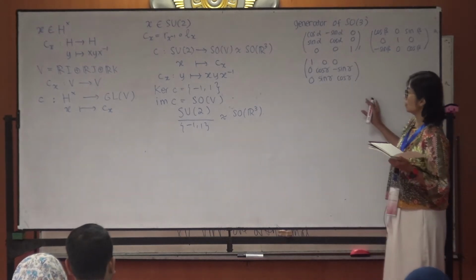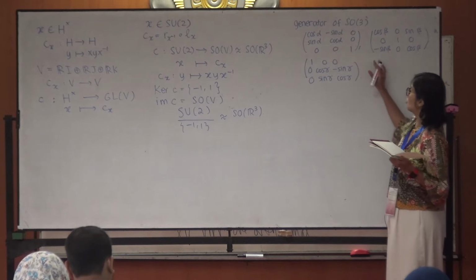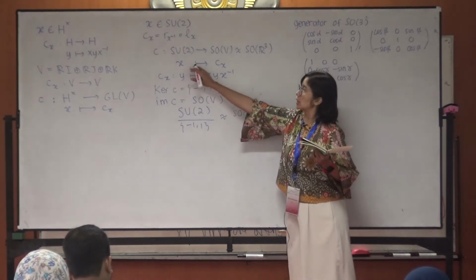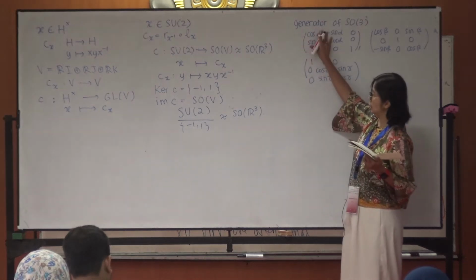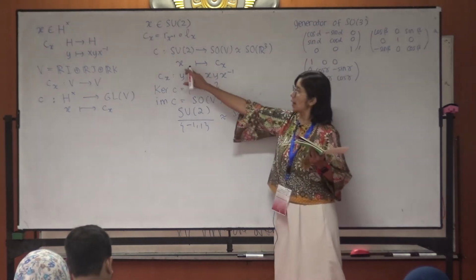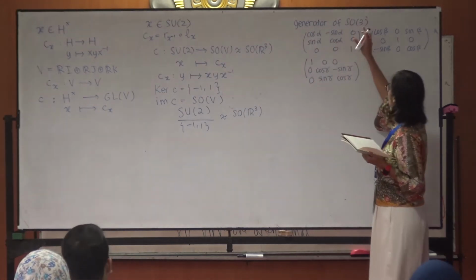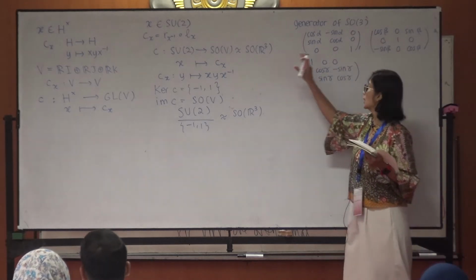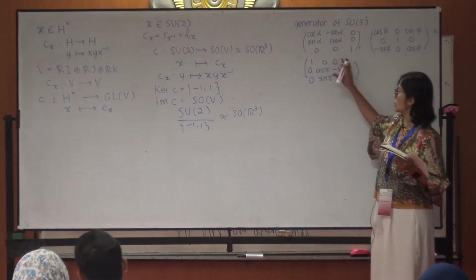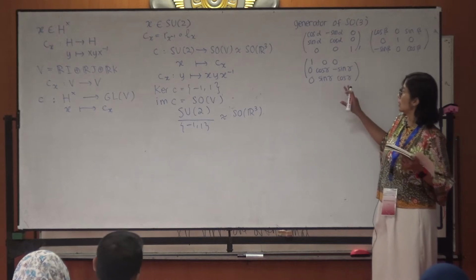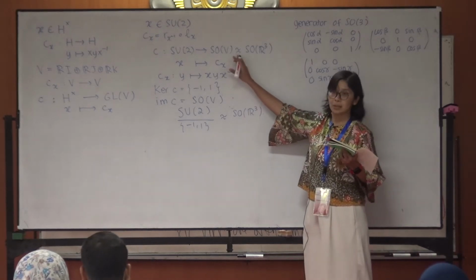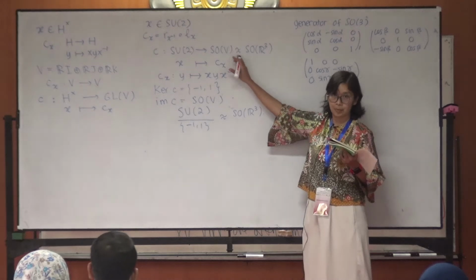So if we can find an X that will be sent to this, another X that can be sent to this one, and one more X that goes here, then we can say that this map is surjective. Okay?